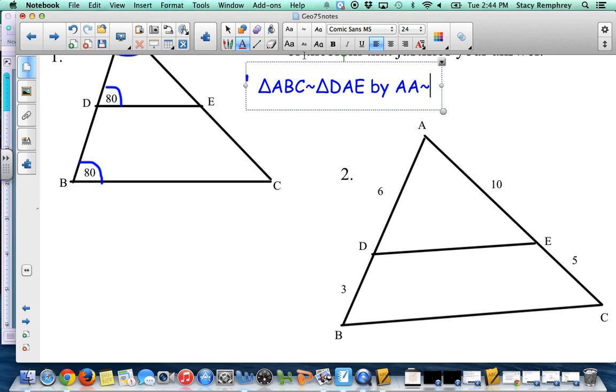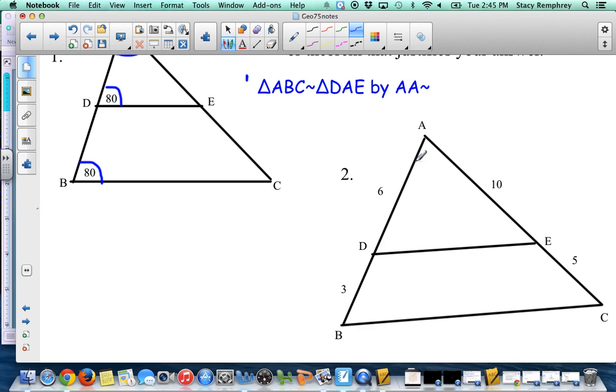Down here, I have this angle A congruent, and by reflexive, it's congruent to itself. Then I can check, is 6/9, 6 to 9 being the whole side, the same as 10/15?